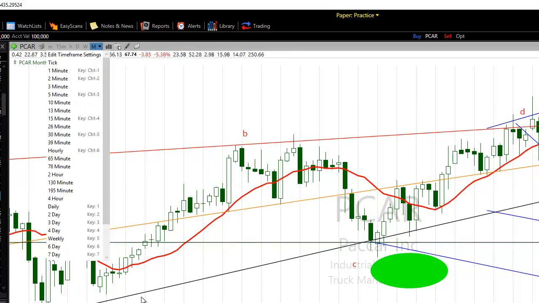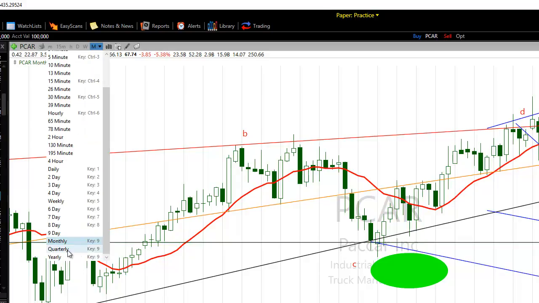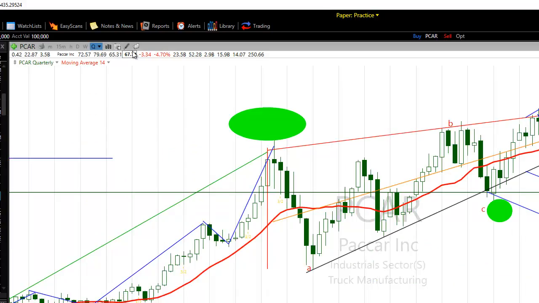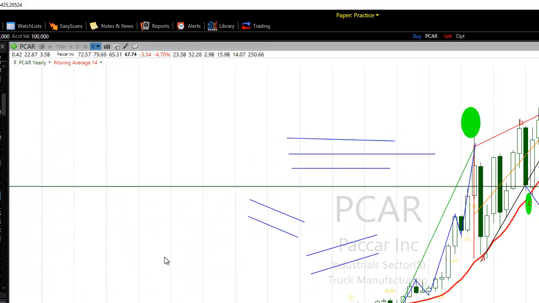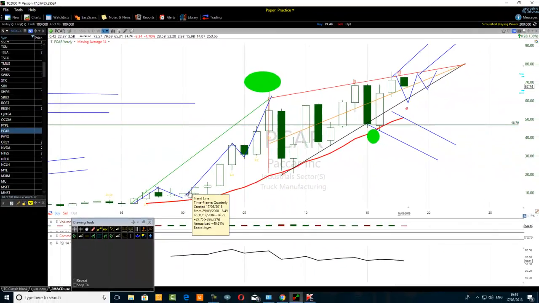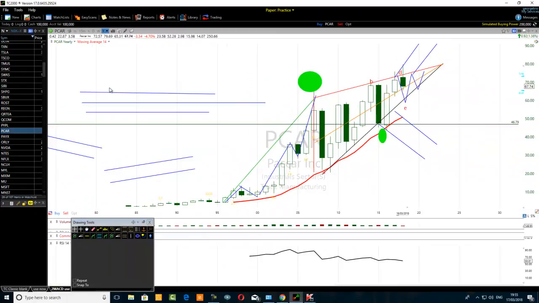Okay. Going to show you. Let's see. Is it the quarterly chart? It's still the same. Yearly chart. So what if it's a higher time frame? All right. Now talking about it.